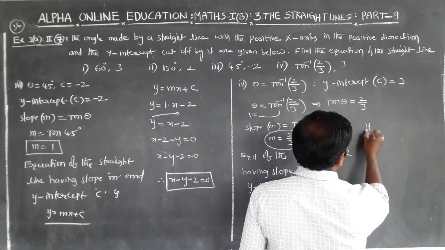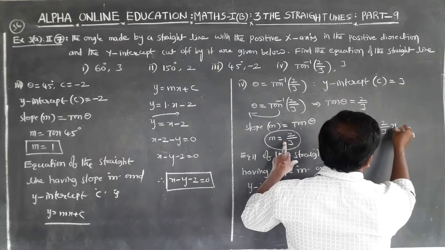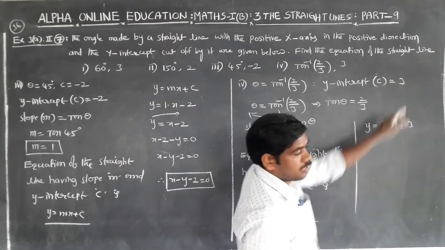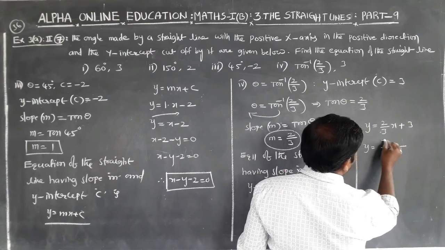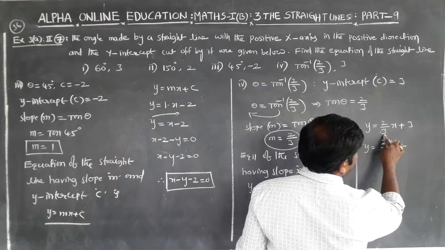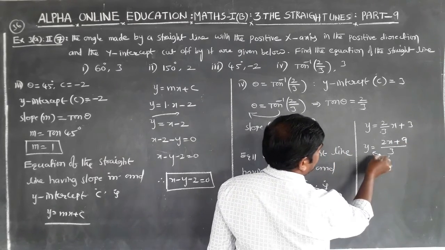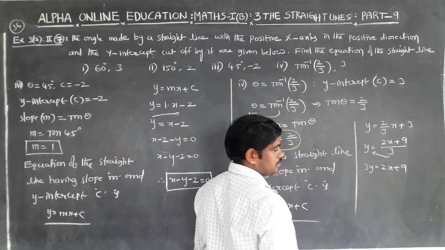Y is equal to 2 by 3x plus 3. Here taking LCM, 3 is the LCM, 3y is equal to 2x plus 9.